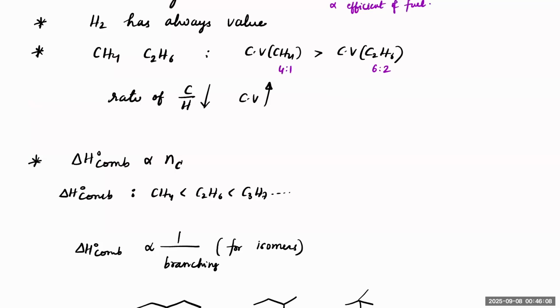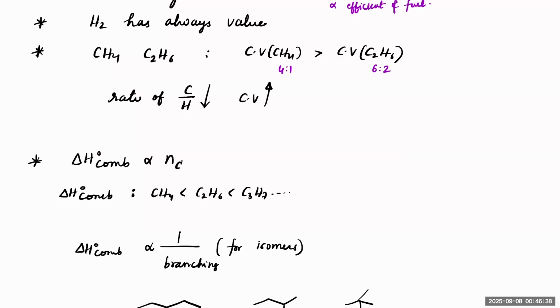And you see that delta H of combustion is also dependent on number of carbons. The more the number of carbons, the more is the delta H of combustion. So if you compare the combustions, definitely combustion is increasing, but at the same time the quality of the fuel keeps decreasing.